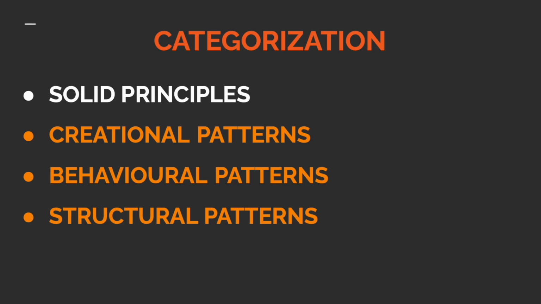They provide a base for creating maintainable, extensible, and modular software systems, so we'll have a look at them before we get into the patterns. And the patterns, as you can see, are creational, behavioral, and structural patterns.